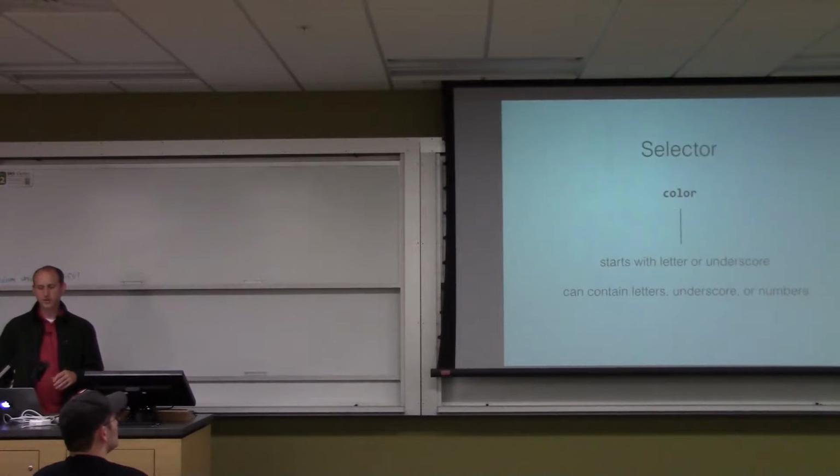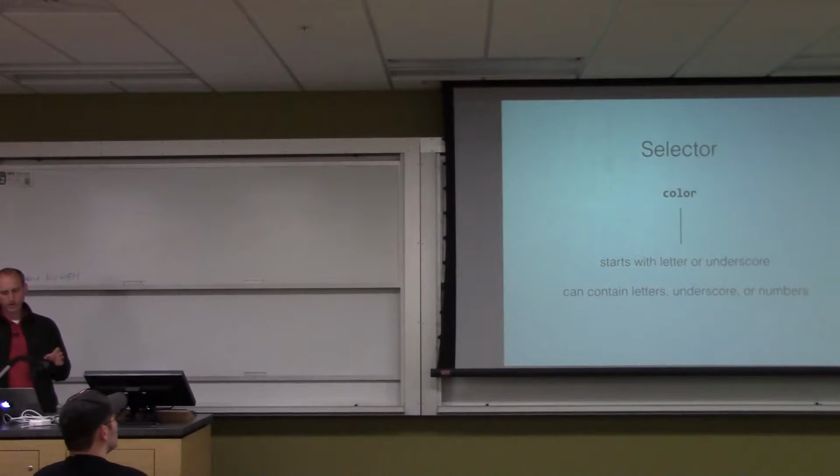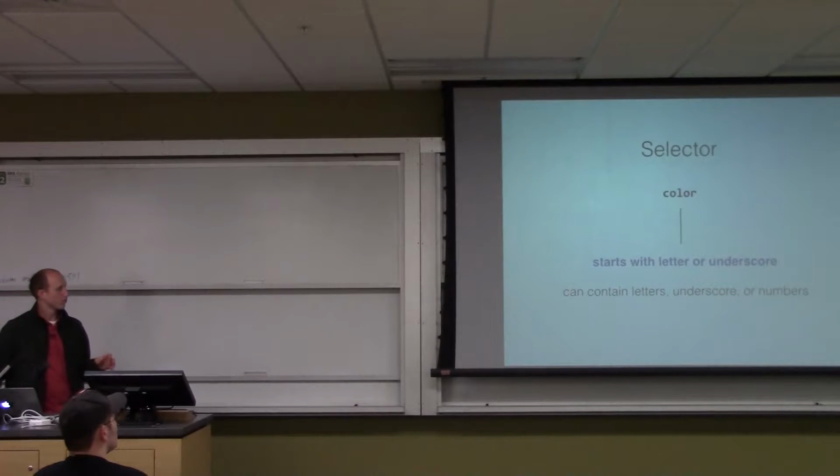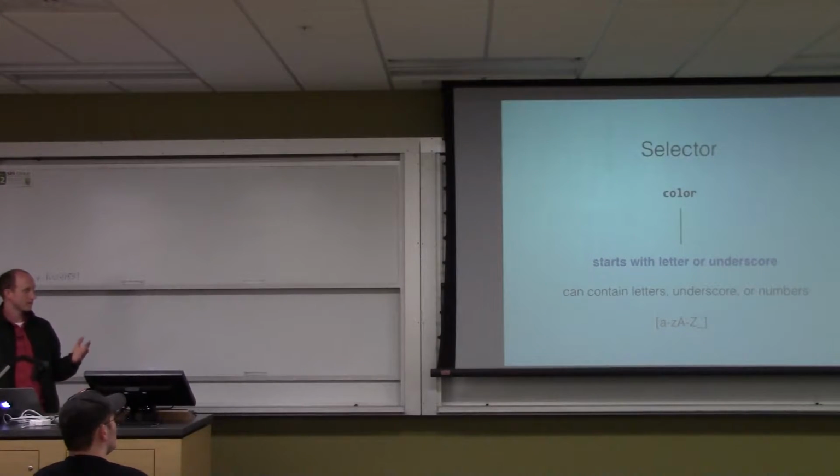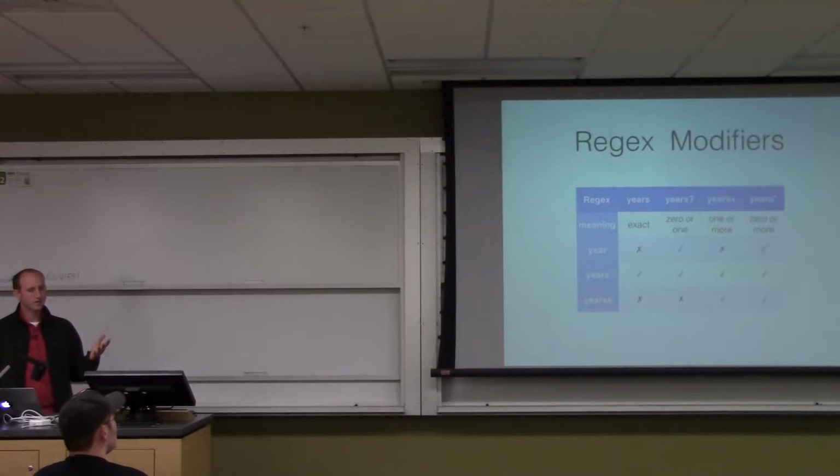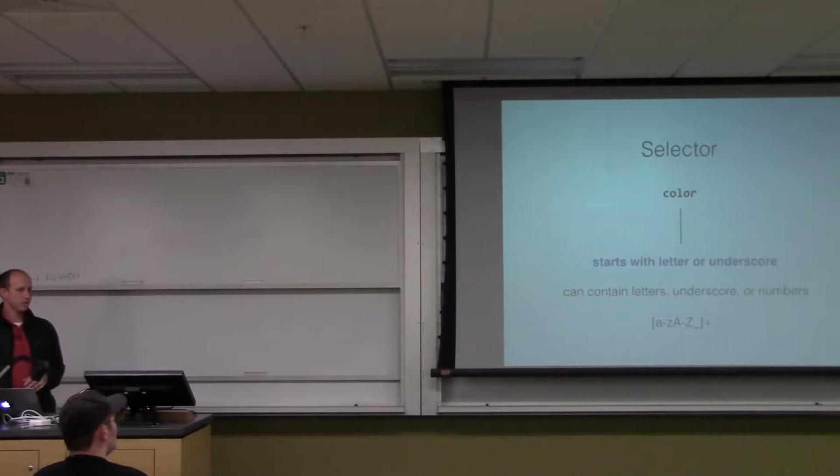For our selector grammar, we want to start with a letter or an underscore. So we can do this piece by piece. We'd start with a letter and underscore this way, just including letters and underscores. In order for it to start with a letter, that necessarily means it has at least one. The regex modifier for one or more is plus, so we put a plus on there.